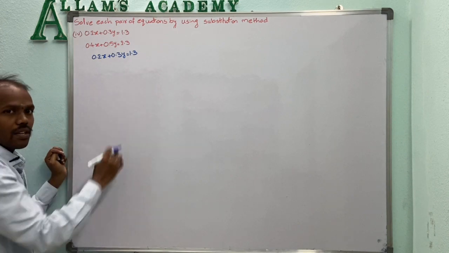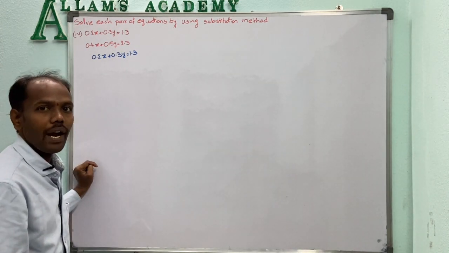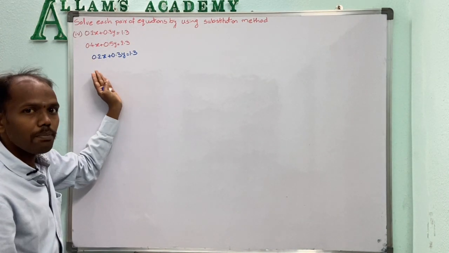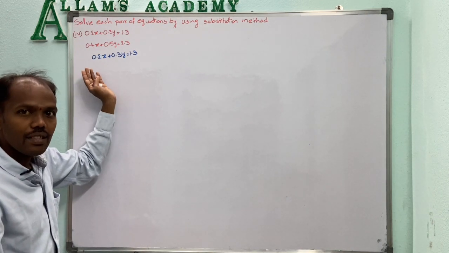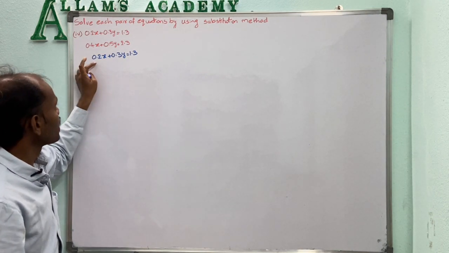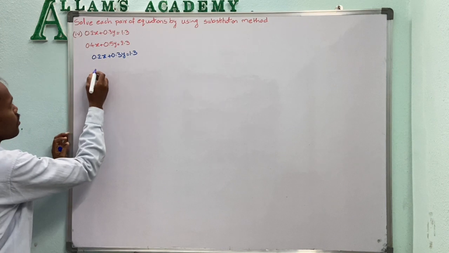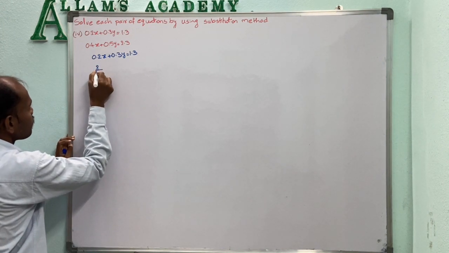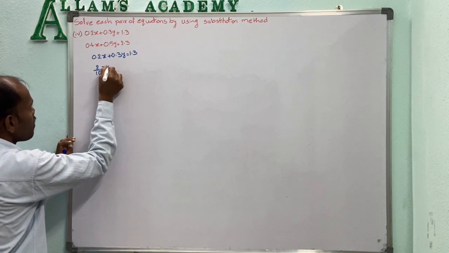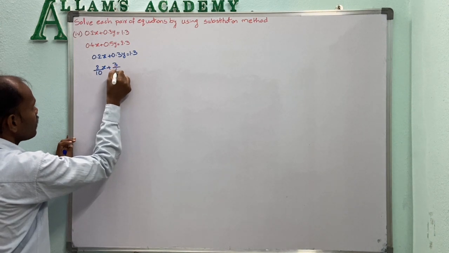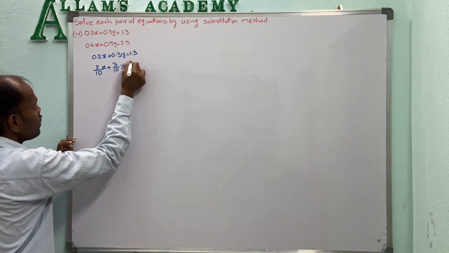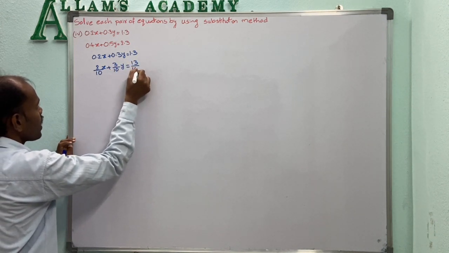Now if we observe, all have a decimal point. If we remove the point, we can write the denominator as 10. So 2 by 10 x plus 3 by 10 y equal to 13 by 10.